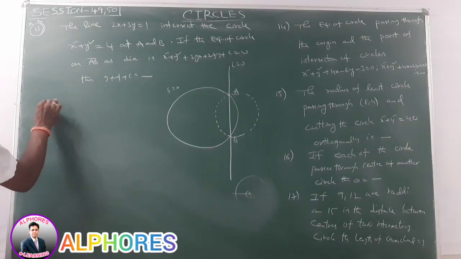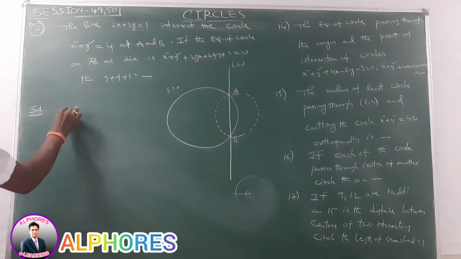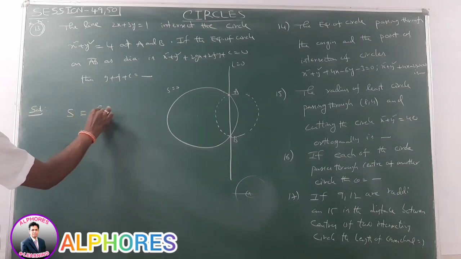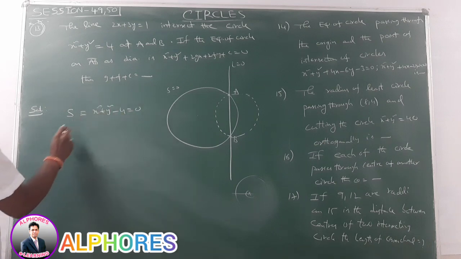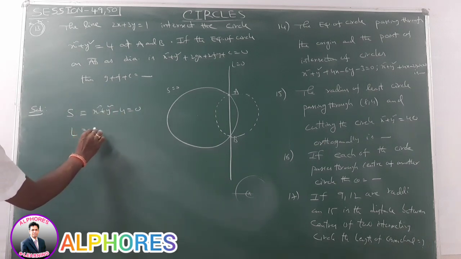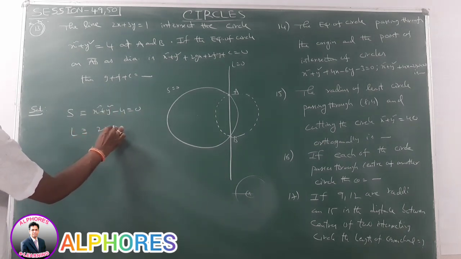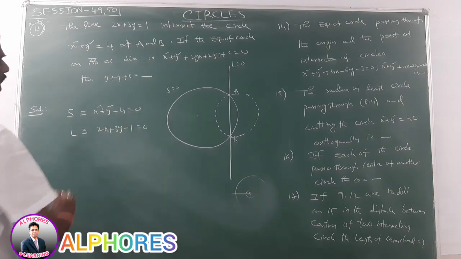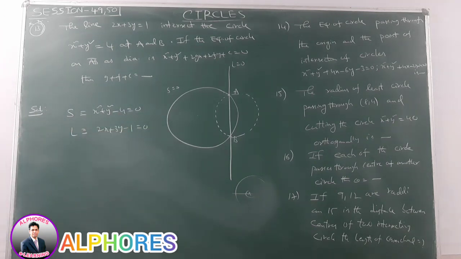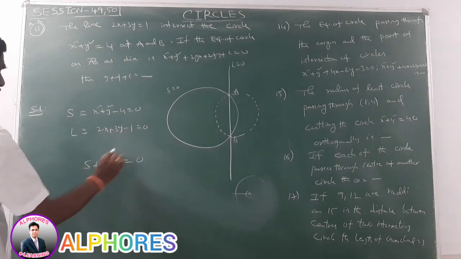Given circle S = x² + y² − 4 = 0, and the equation of the line L is 2x + 3y − 1 = 0. The circle and line intersect at AB. Then the equation of any circle passing through AB is S + λL = 0.